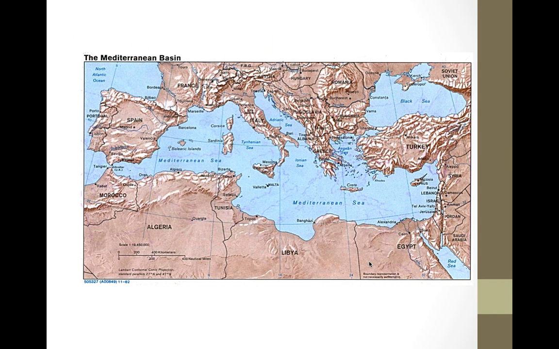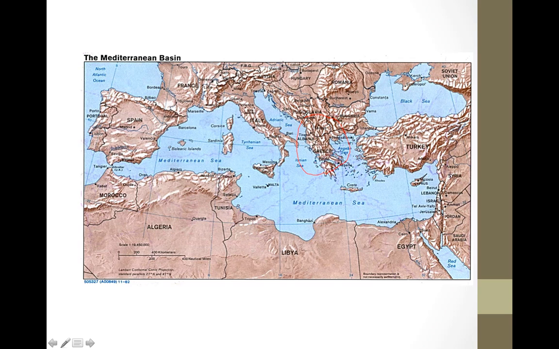Here's a map of the Mediterranean, and just a couple of things that I want to point out to you, and this is worth actually activating my little pen function here. In terms of thinking about where we have been studying this year, the Greek mainland is right here, really in the heart of the Mediterranean Sea.